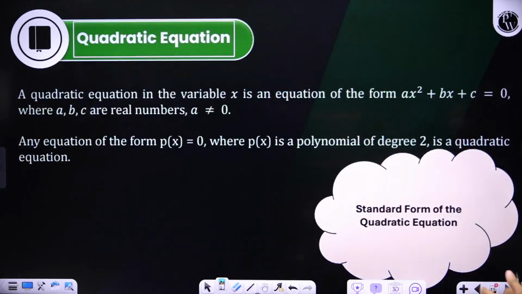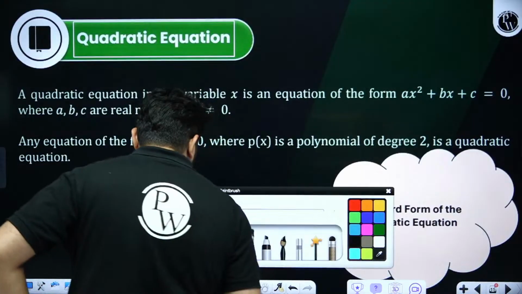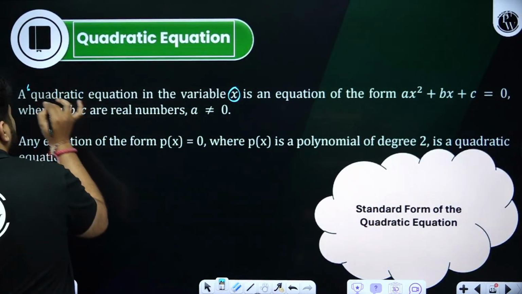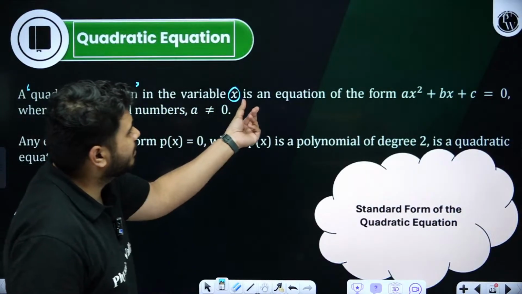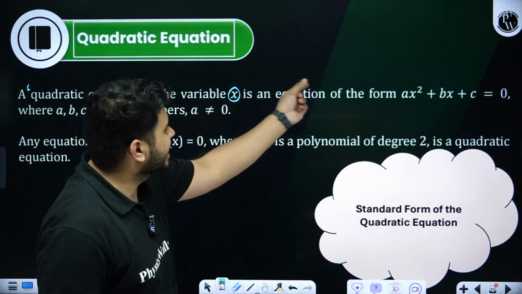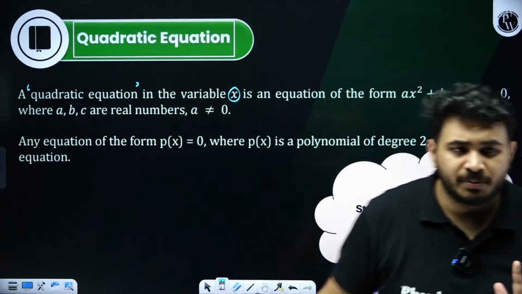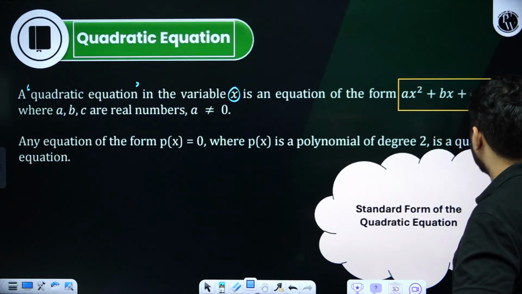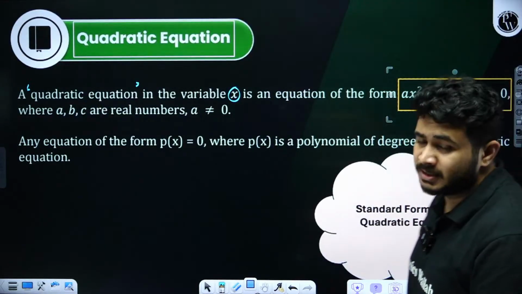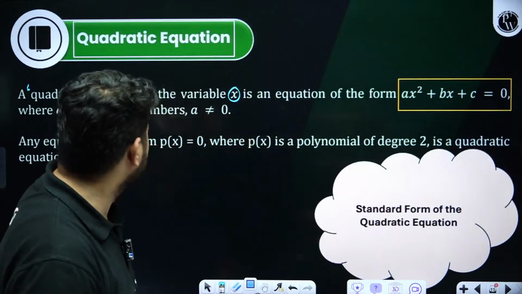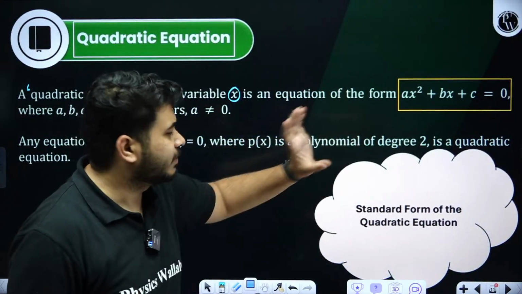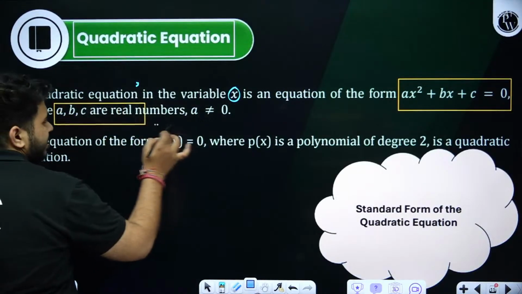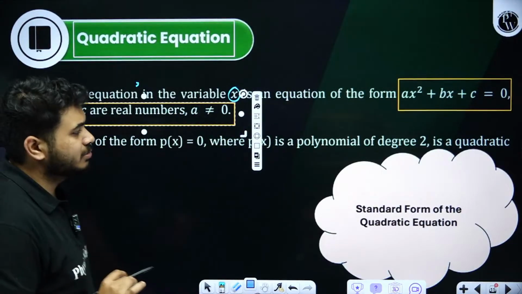Now students, look at the definition of a quadratic equation. A quadratic equation in variable x is an equation of the form ax square plus bx plus c, where a, b, c are real numbers and the leading term a is not equal to 0.